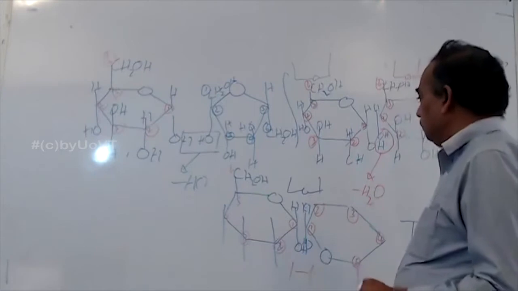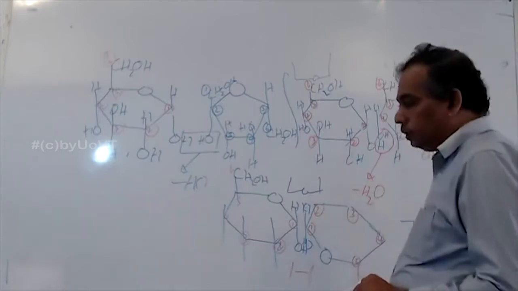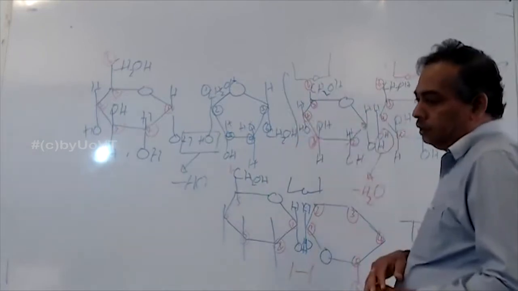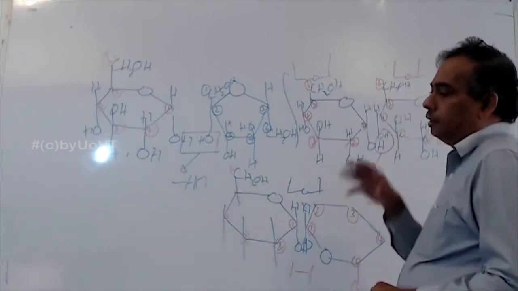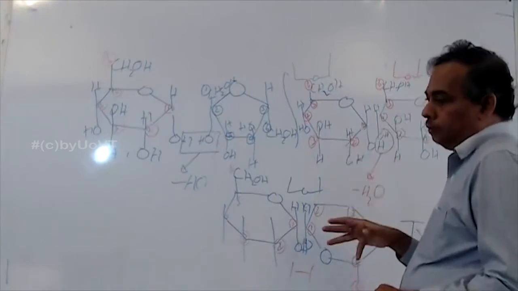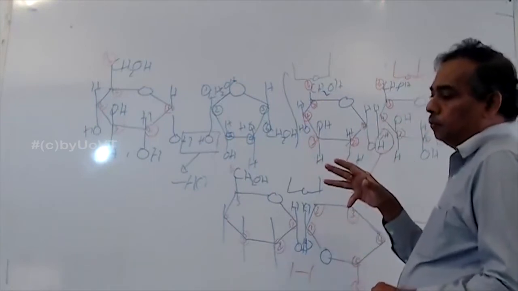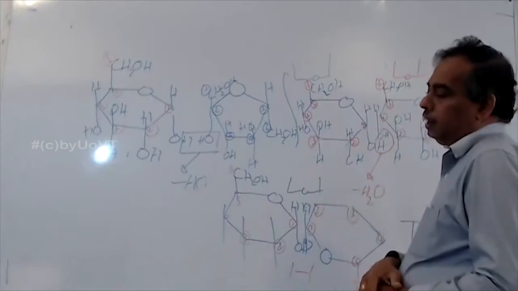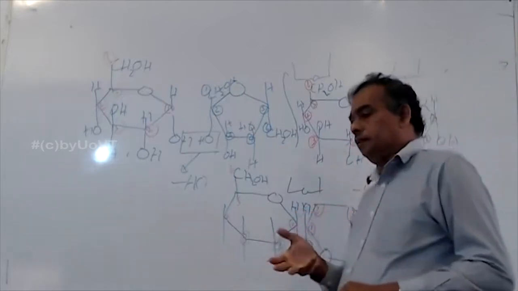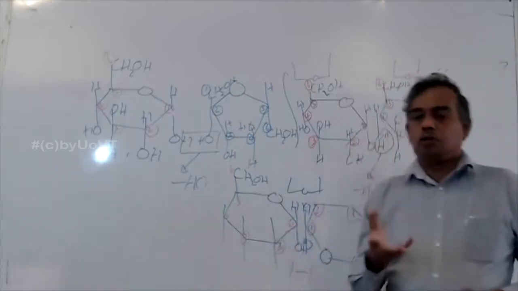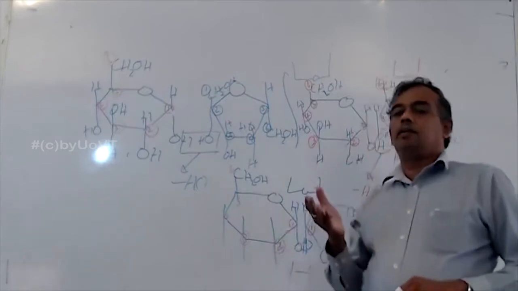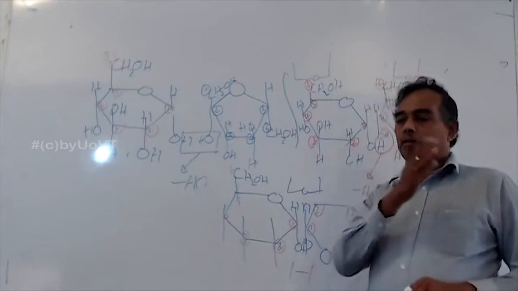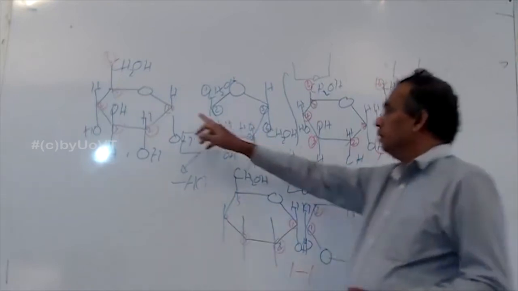So if we take the structure of lactose, the basic components are glucose and galactose. The bond is 1,4: the first carbon of the glucose is joined with the fourth carbon of the galactose. Again, galactose is a 6-membered system, an aldo sugar, with an aldehyde group at the terminal position like glucose. The first carbon of the glucose means this one.